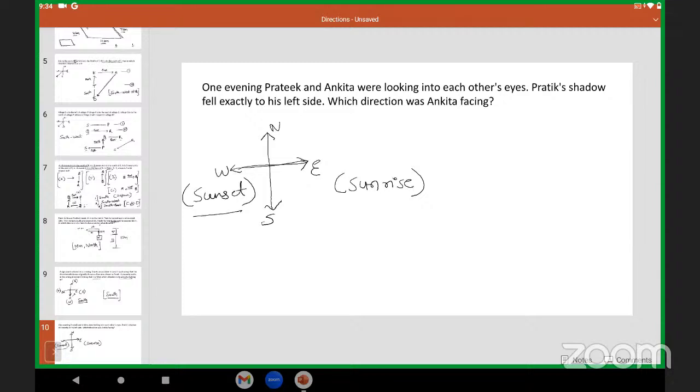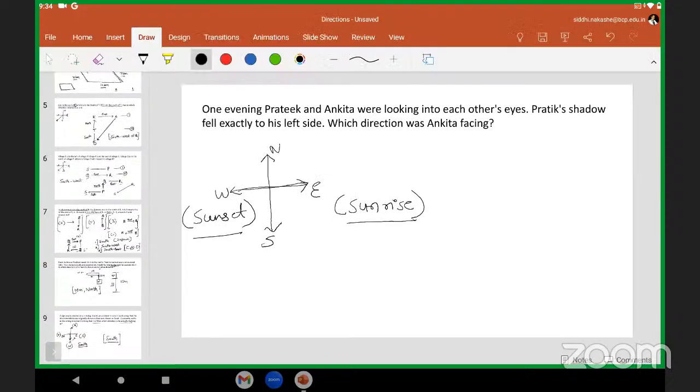Always remember this. Certain questions are asked on the basis of sunrise and sunset with respect to the shadows which are felt. Okay, so now let us start with this question.